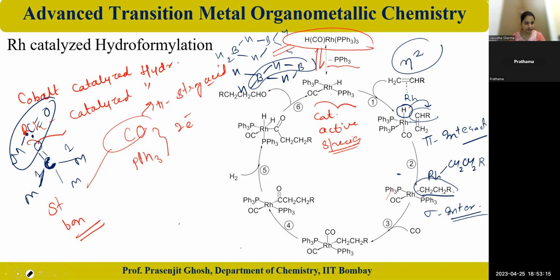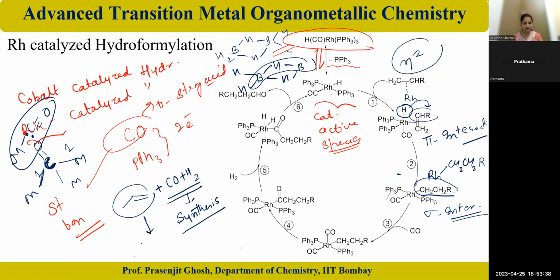So what we were looking at here is how hydroformylation occurs. Hydroformylation is nothing but when we have an alkene system and we use synthesis gas. Synthesis gas is a combination of carbon monoxide and hydrogen. And in presence of a catalyst, it goes from alkene to an aldehyde with one more carbon.